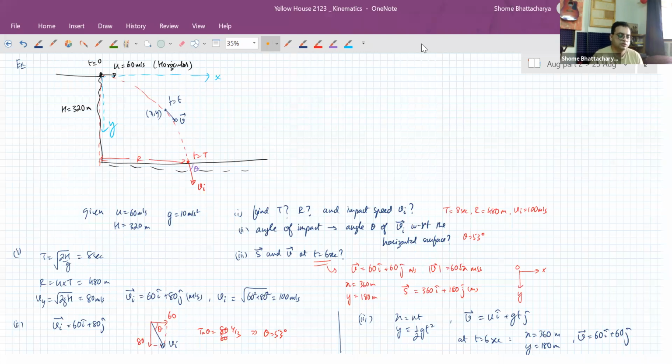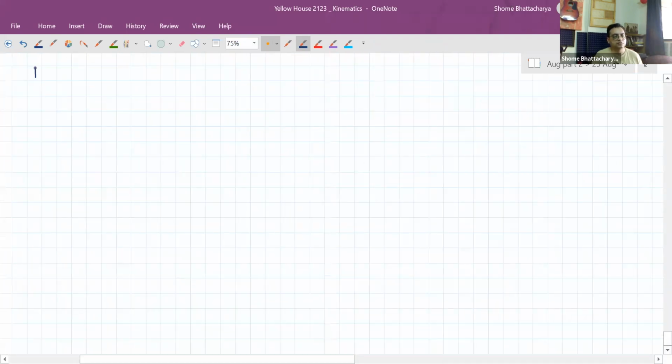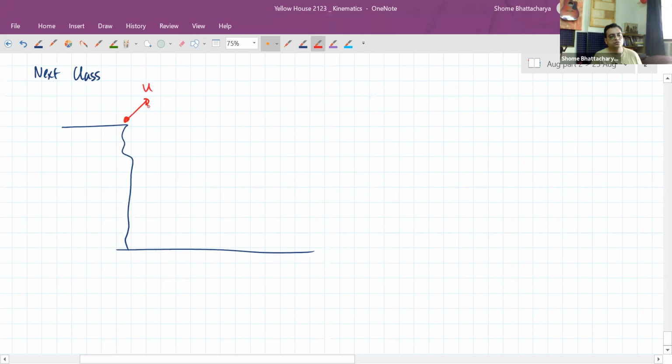Okay, people, so hope this is clear. So with this, we conclude today's session. In the next class, we will look at the situation of oblique projection from a height. So we'll look at this kind of situation, that from a point like this, we project at u, which is at an angle theta with respect to the horizontal, and how it will go on a path like this before finally hitting the ground at some time t.